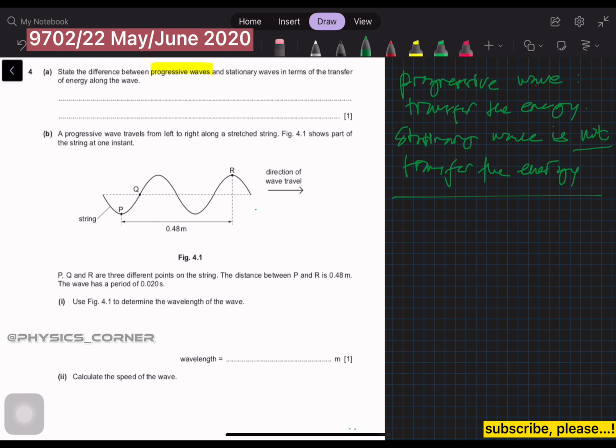That's it. The difference between progressive and stationary waves is about whether they transfer energy or not.